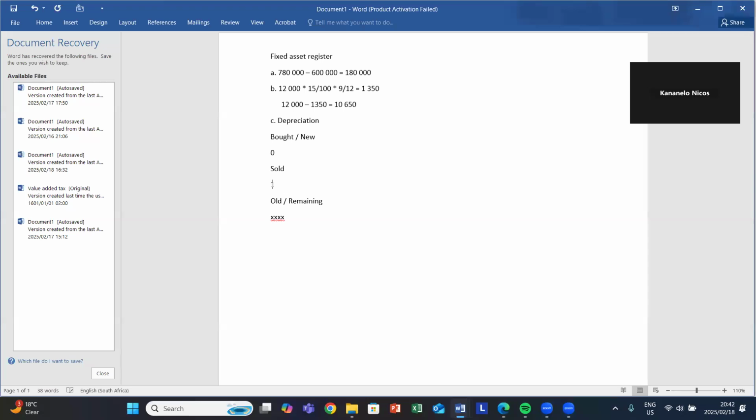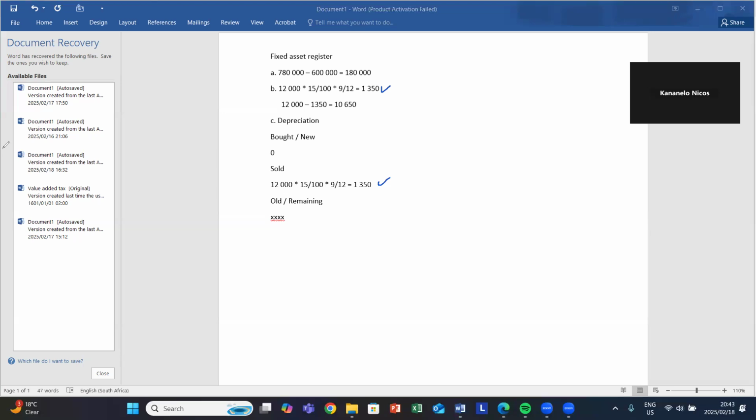For sold, we said we sold our asset, which had a carrying value of 12,000 rand, multiplied by our rate of 15 divided by 100, and lastly multiplied by the months we used the asset, which was 9 over 12. Then we got the depreciation as 1,350.